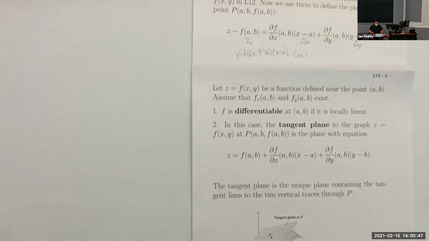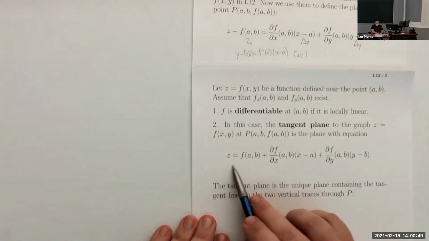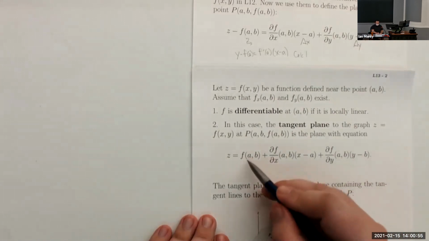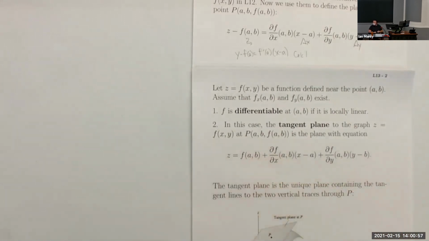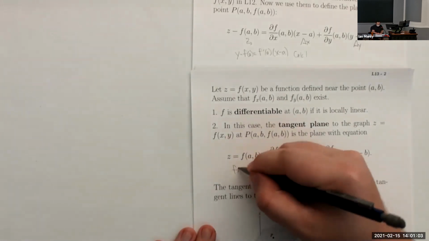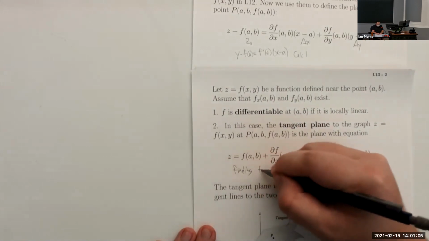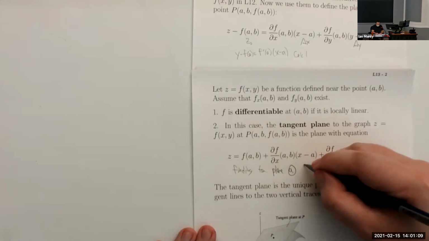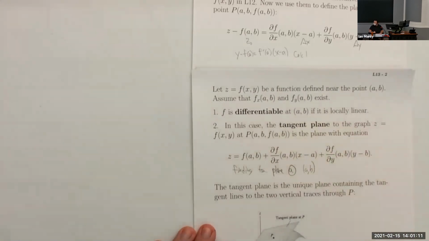In this case, the equation of the tangent plane is the same equation we had on the previous page, just with f(a, b) moved over here. The point (a, b) is where we find the tangent plane, because remember, now we have two different input values.